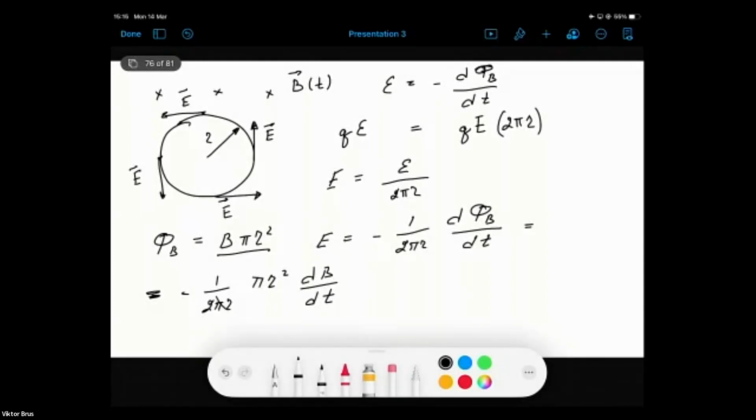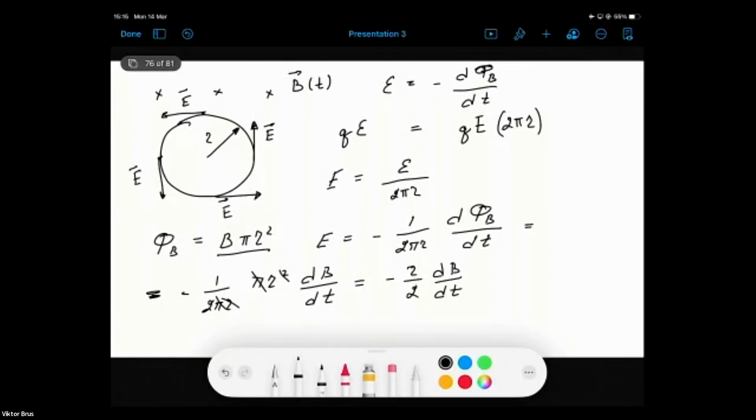Here we cancel out this pi, this R and square. So we get minus R divided by 2 times dB over dt. So that is the relationship between induced electric field and the first derivative of changing magnetic field over time.